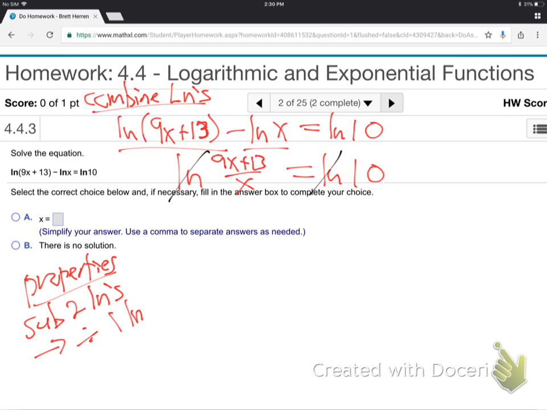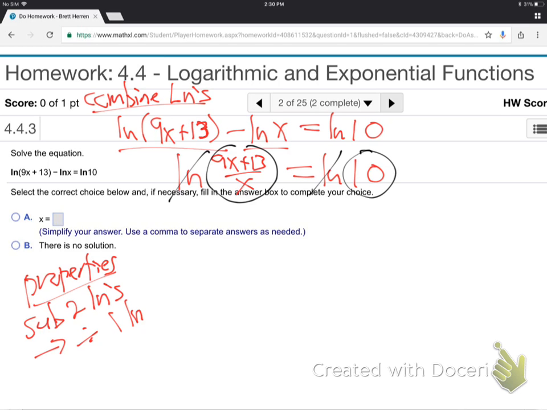We could not have done that earlier. You can't drop 3 logs. But if you have 1 log on each side, just drop them. This inside must equal that inside, because if the log of something equals the log of something, those insides must be the same, or the logs would not be equal if they were different.